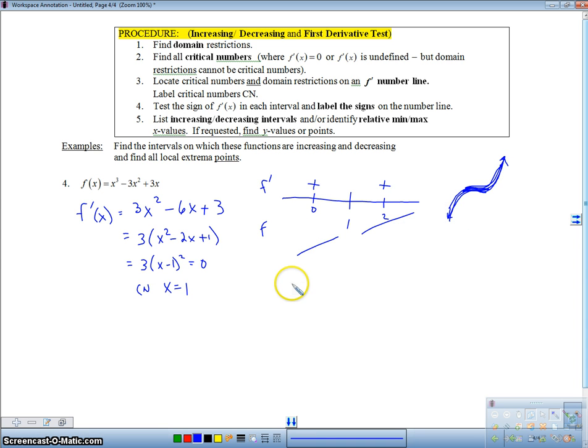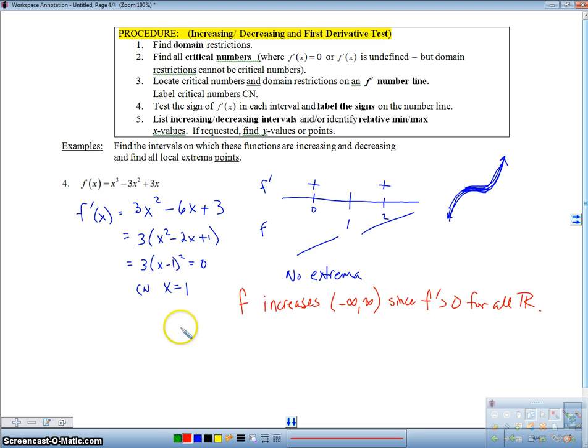then where are we going to have any relative mins or maxes? Are we going to have any extrema? No, there's no extrema here. In fact, f increases for all real numbers, since f prime is greater than 0 for all x values.